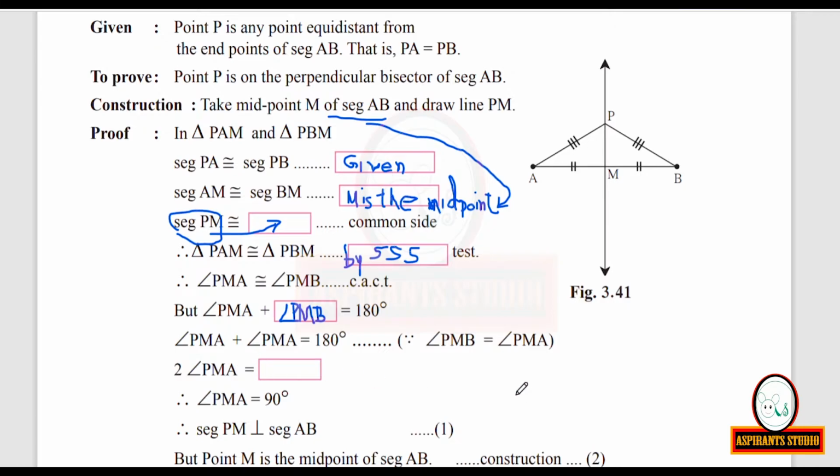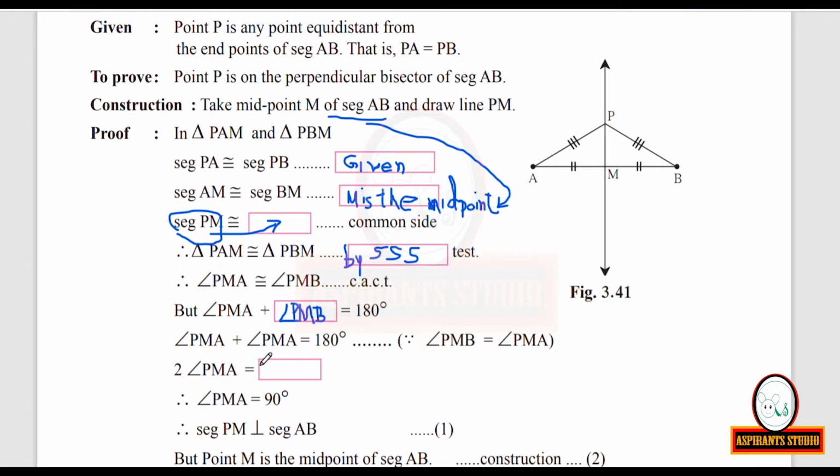Now, since angle PMA is congruent to angle PMB, as we have proved here, that means if the angles are congruent, their measures are equal. So measure of angle PMB will be equal to measure of angle PMA. So here instead of measure of angle PMB, we can replace by measure of angle PMA.